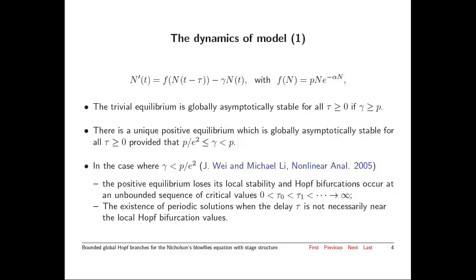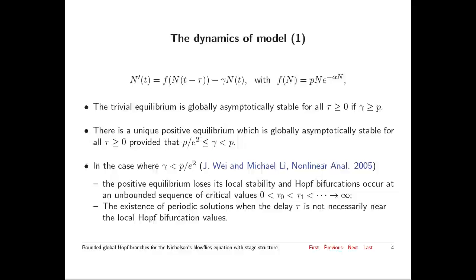Actually, the dynamics of this model are completely determined by 2 parameters, the mortality rate gamma and the maximum egg production rate p. If gamma is larger than or equal to p, it means the mortality rate is larger than or equal to the maximum egg production rate, and then the trivial equilibrium is globally asymptotically stable. It means the species becomes extinct.